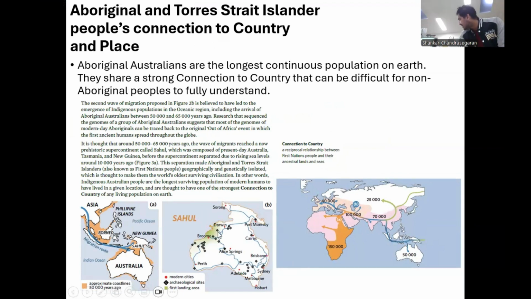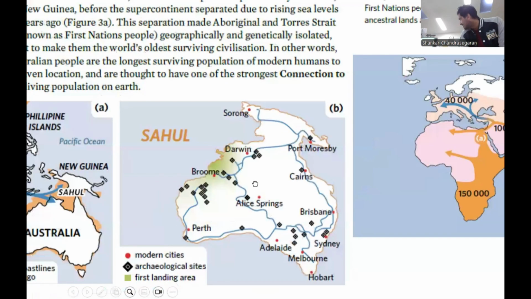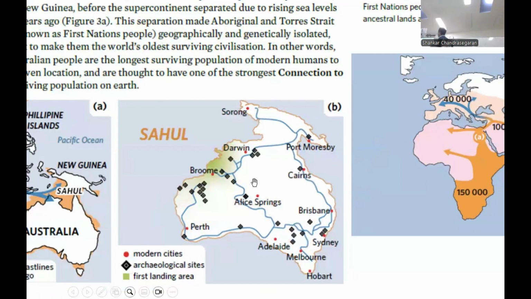This is how this region used to look. Australia used to be a supercontinent where Papua New Guinea and also Tasmania were connected in one main landmass.